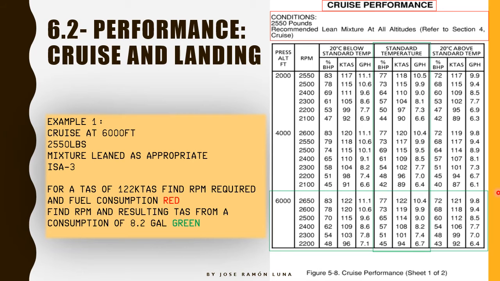So 8.2 or something that looks like 8.2. In this case, we have 8.2 here. Now we're looking for the resulting RPM and the true airspeed. So the true airspeed should be around here. And the RPM required is going to be 2400. There and there. So that's how you work with the table.